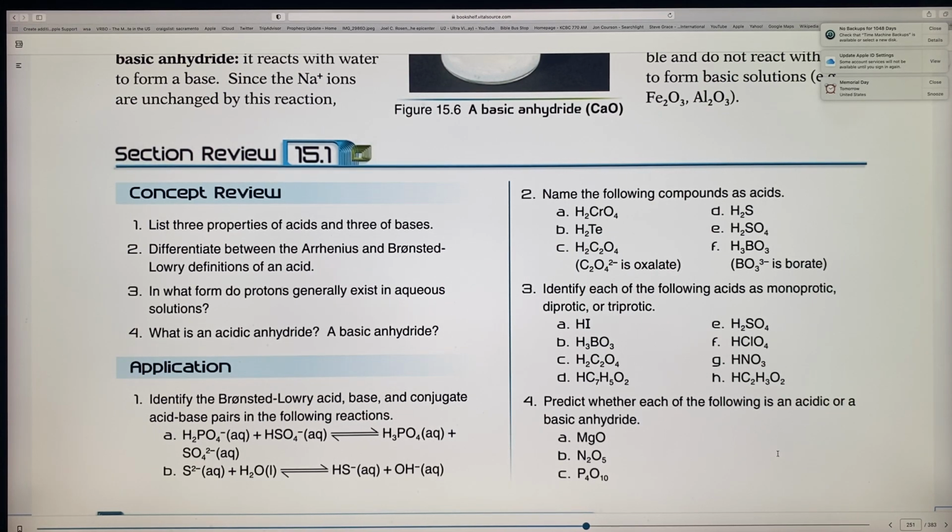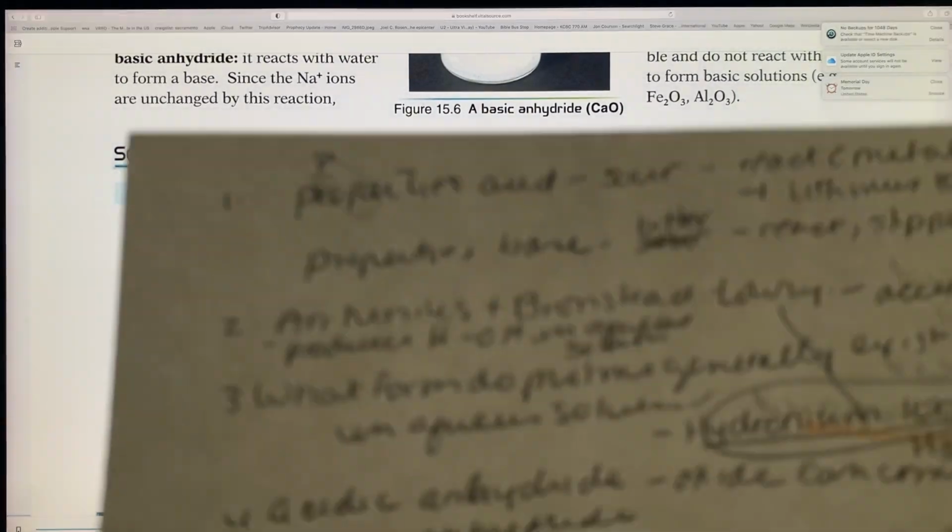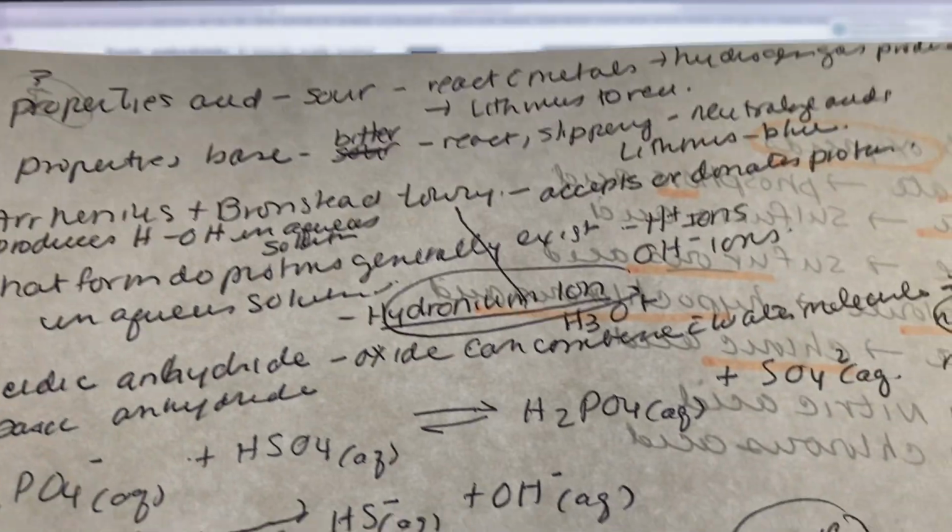And you can see that table as you go. In what form do protons generally exist in aqueous solutions? What form do they usually exist in? That's that very common form called the hydronium ion, H3O. Let's see if you can see it on my paper here. I circled it.